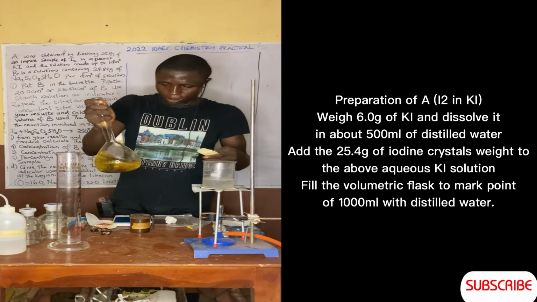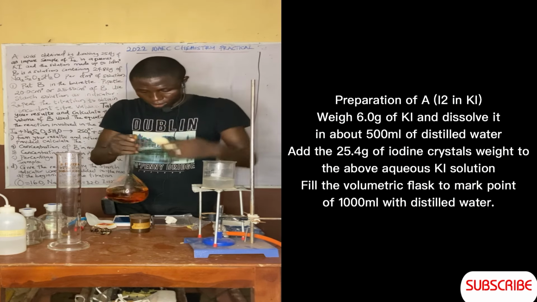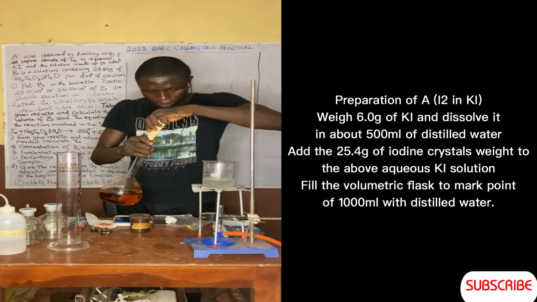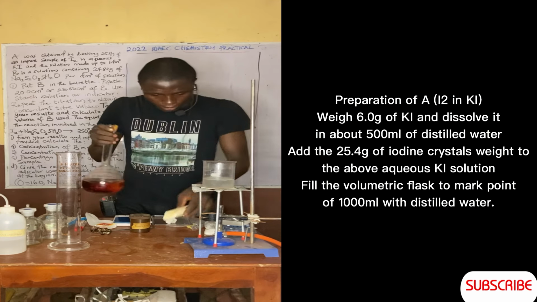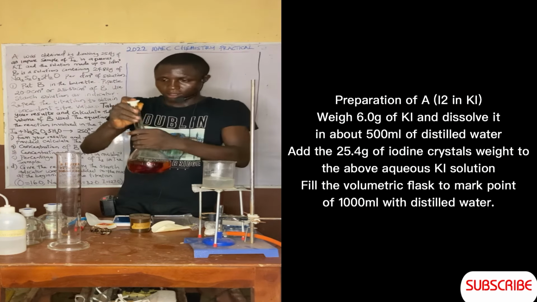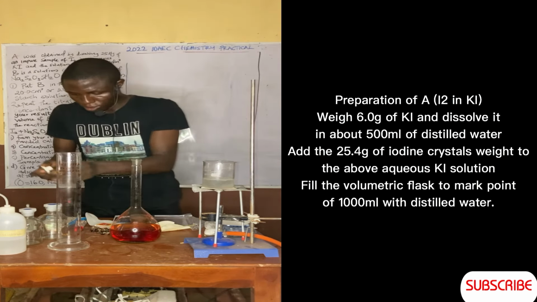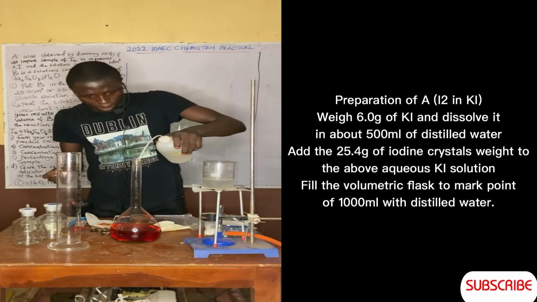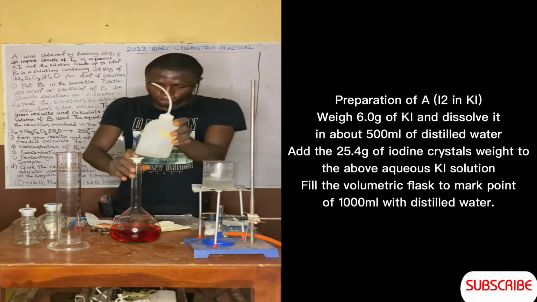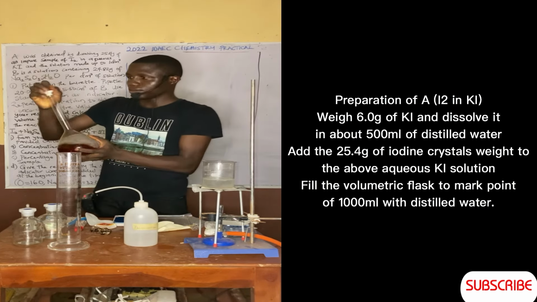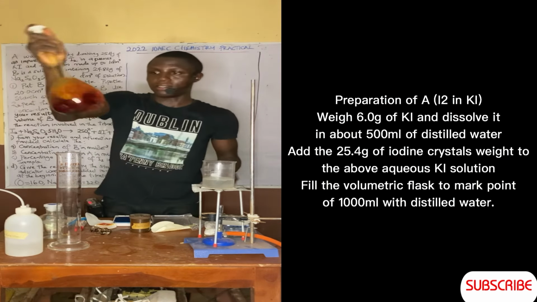Then shake thoroughly. You can see the change in color. So that there is no loss. Let's put water in. Let's shake thoroughly before we fill it to the brim. You can see that this is the color of iodine.